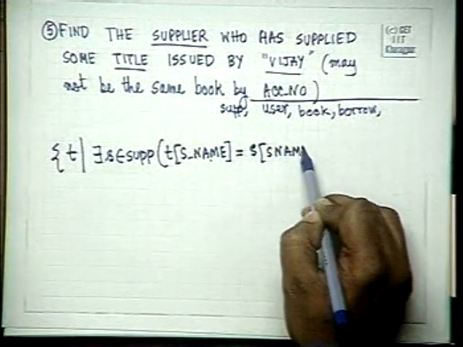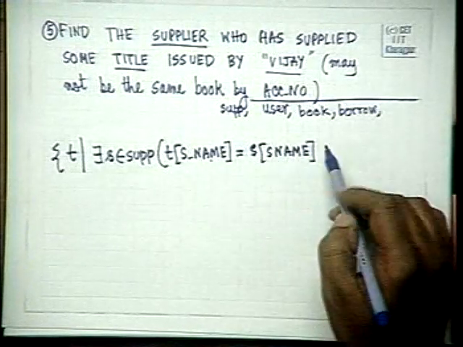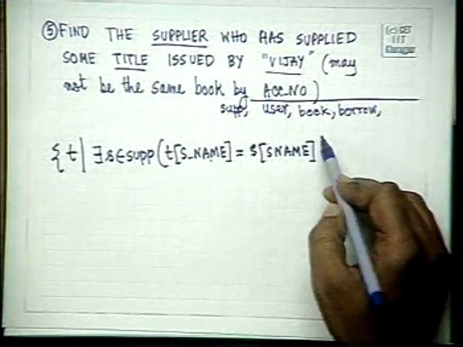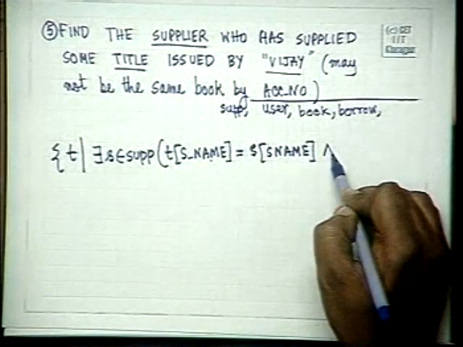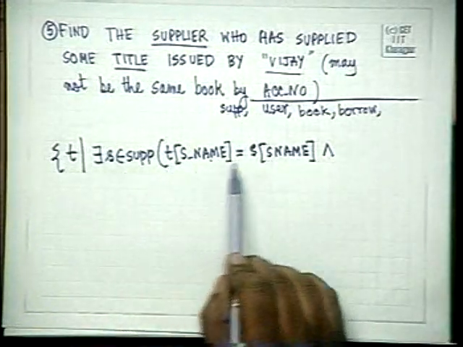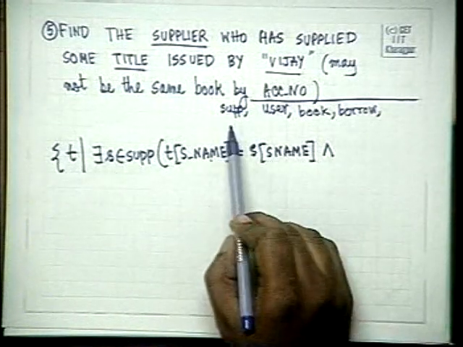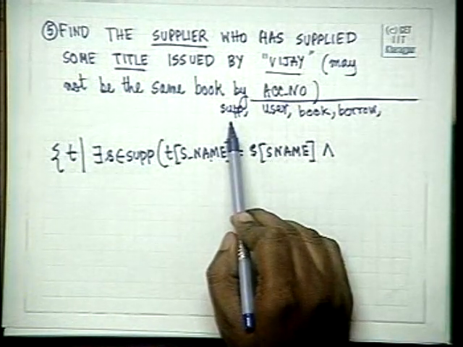I shall not complete it, I shall leave it for completion by you. And now you have got the name. From here you get the accession number of the book.